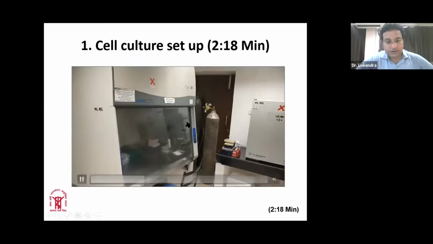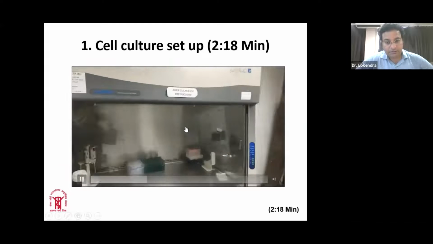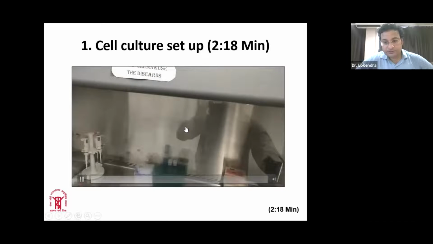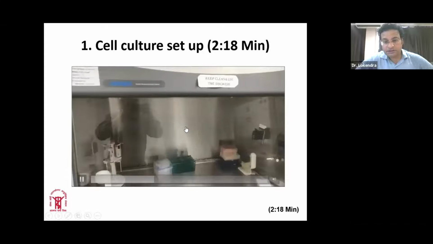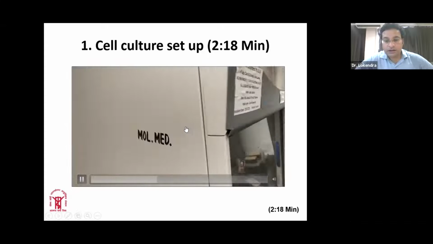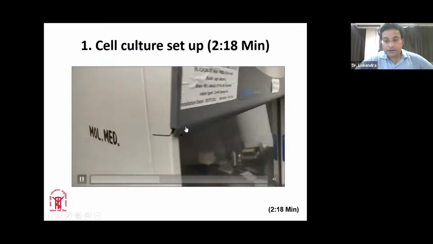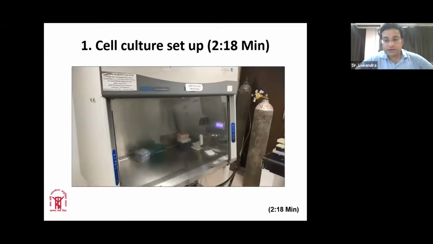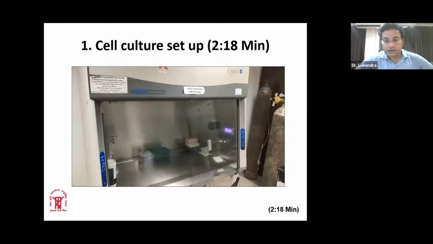So this is one example of a biosafety cabinet, a biosafety level 2, and when you turn it on, it makes some sound, and then you have various functions.